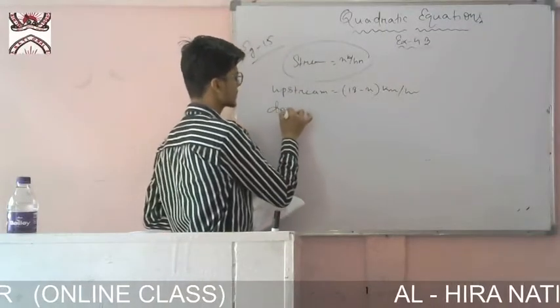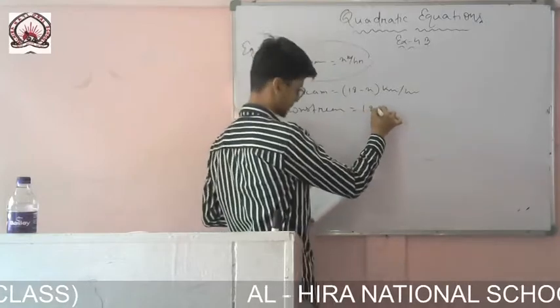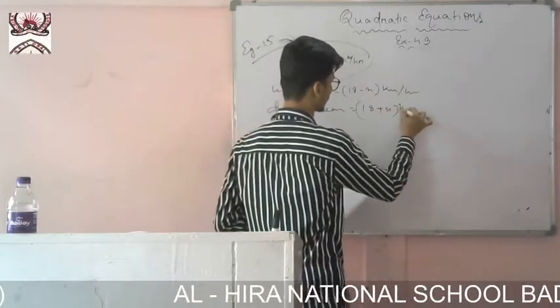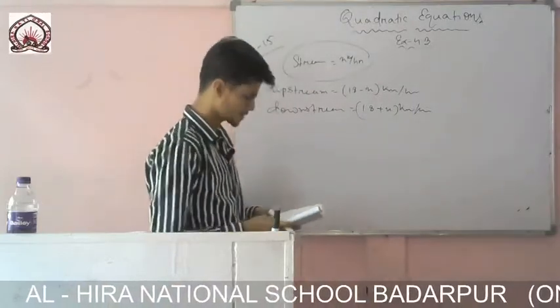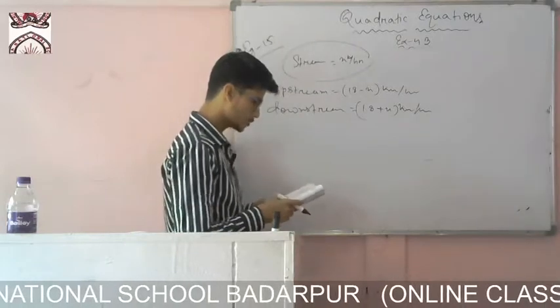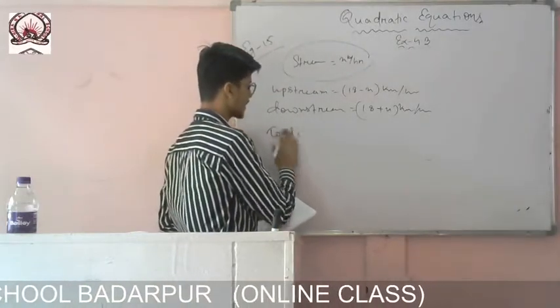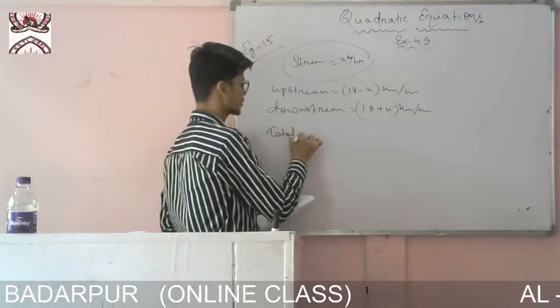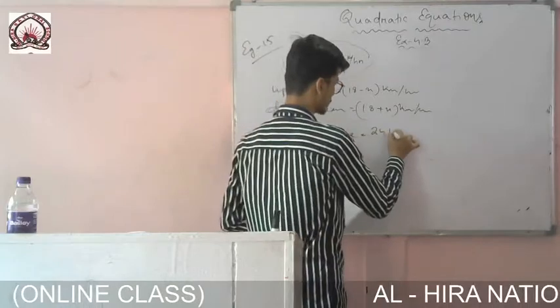And for downstream it will be plus. For upstream it is minus, for downstream it is plus. Now, what is the total distance given? It is 24 kilometer, write it nicely as it is in your book.